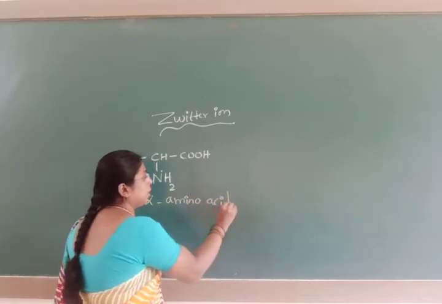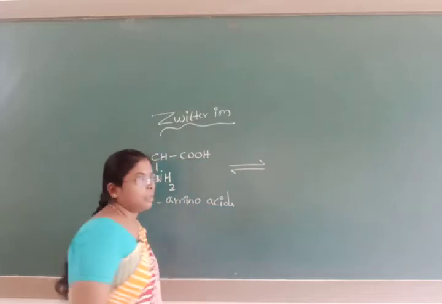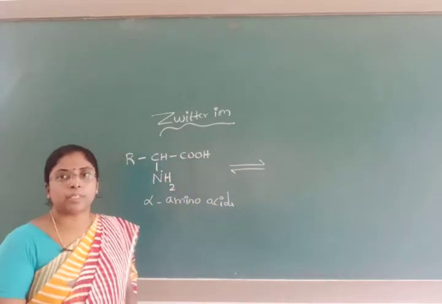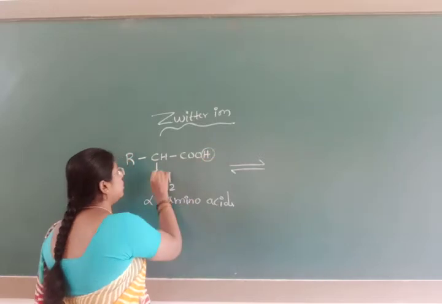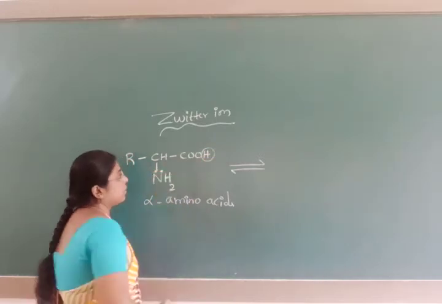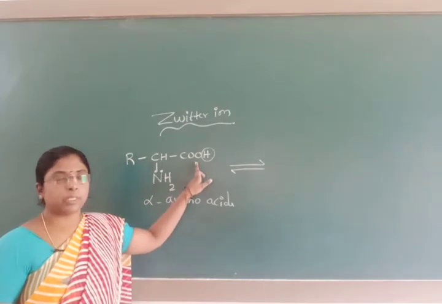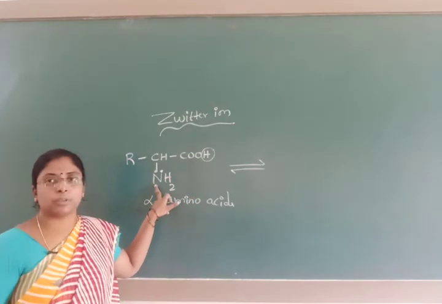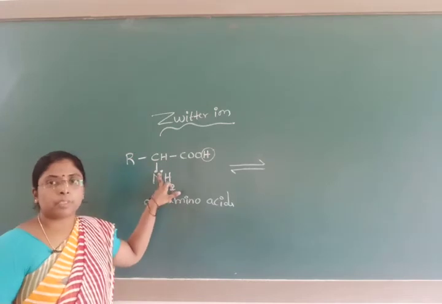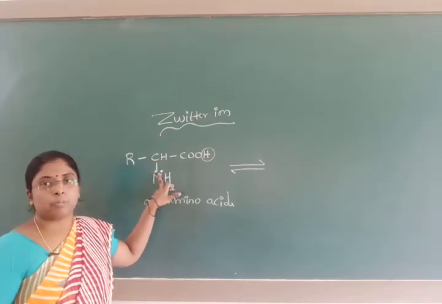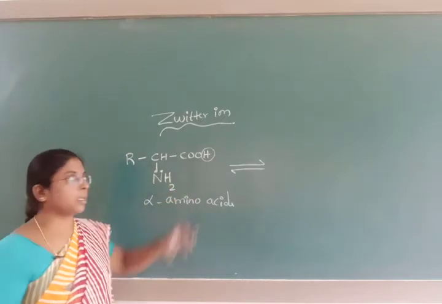Alpha amino acids in aqueous solution, the proton transfer takes place from the carboxylic group to the amino group, forming a negative charge on the COO minus and a positive charge on the nitrogen. The lone pair of electrons present on the nitrogen is involved in the bond formation with the proton donated by the carboxylic acid.